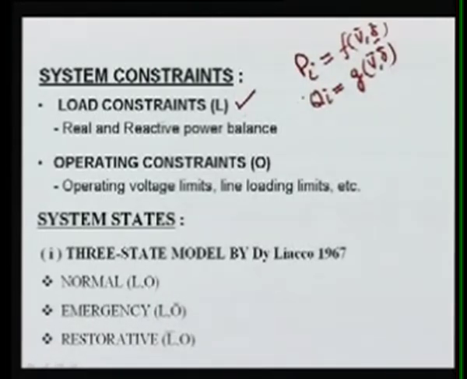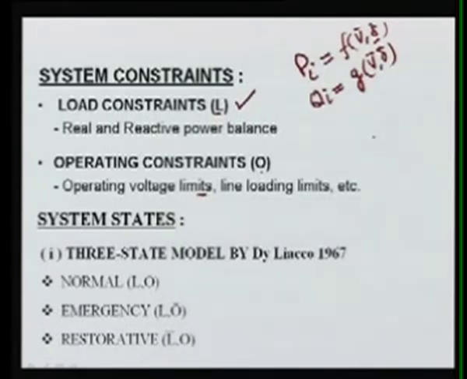So load constraints are related with this, that will be satisfied. Another is your operating constraints, which we can denote as O, and the load constraints we can denote as L. Here O includes your operating voltage limits, that is, the voltage limit at each bus.